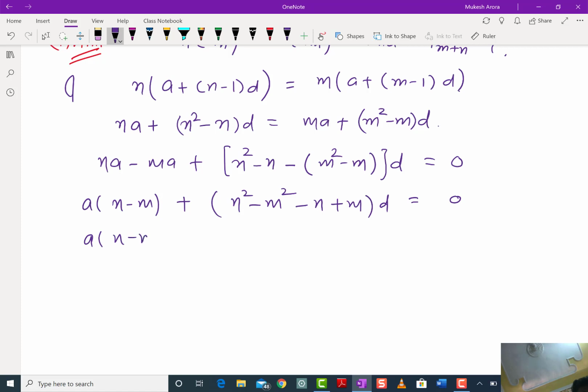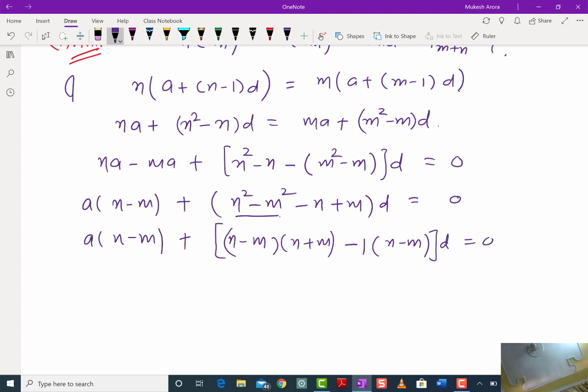We can factorize this: a times n minus m plus n minus m, n plus m minus 1, and whole d is equal to 0. We see that n minus m is common, dividing all by n minus m, because here it is not 0, so it will be a plus n plus m minus 1 d is equal to 0.